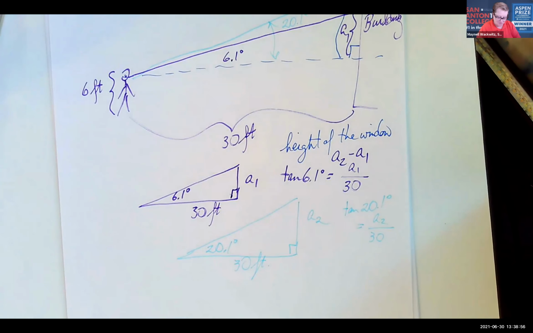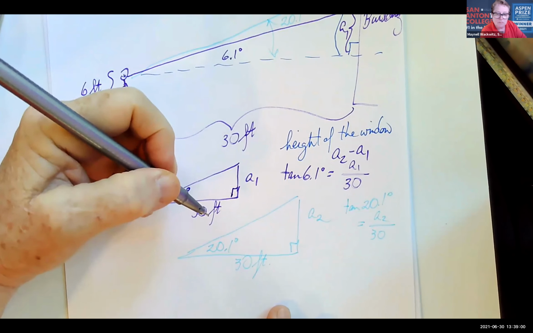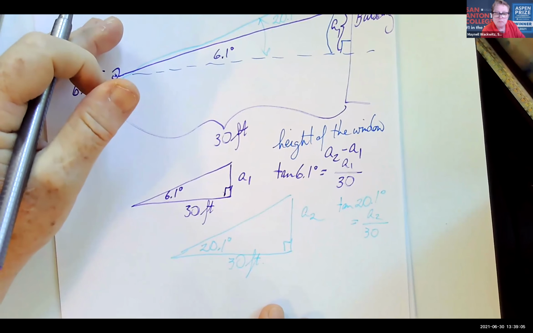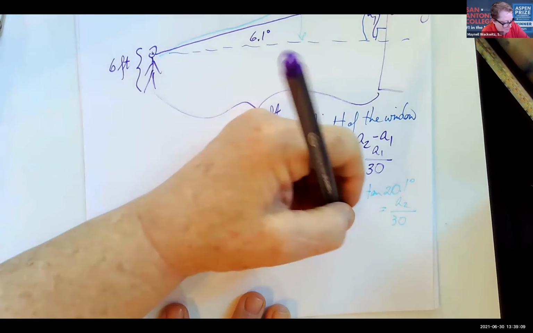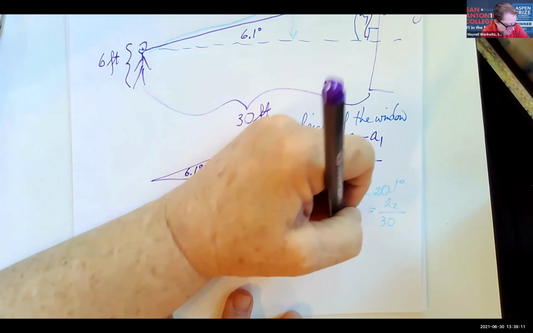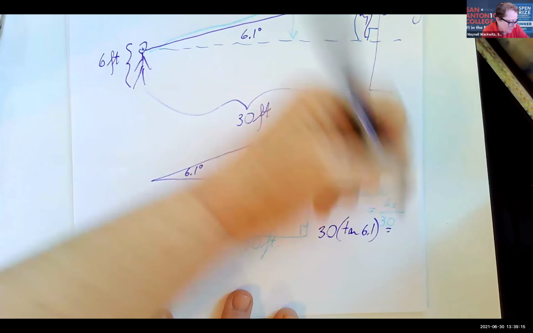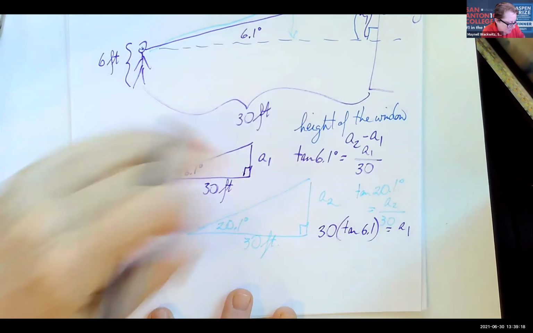Can I multiply both of those equations by 30? So that now we get 30 times the tangent of 6.1. That'll give us A1.